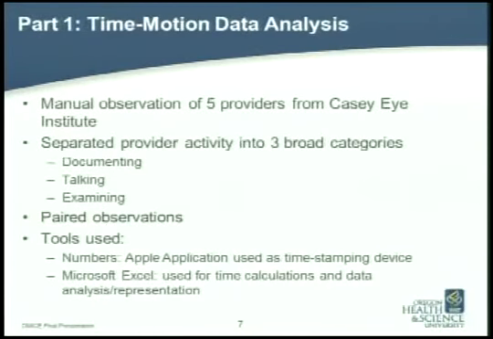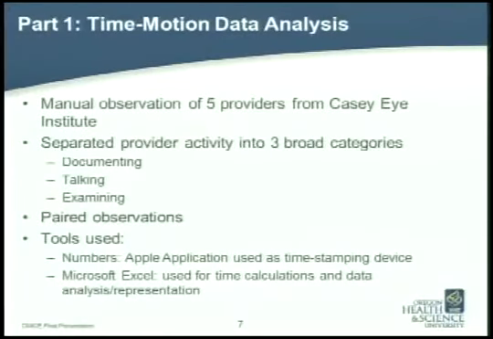Since I joined this project a little bit later, I had to be trained to do these paired observations. And what this entailed was me and Sarah, who's here, would do observations together, essentially, and would independently document what the provider was doing, and then calculate our times separately and compare them to see if we were having any significant differences in times.